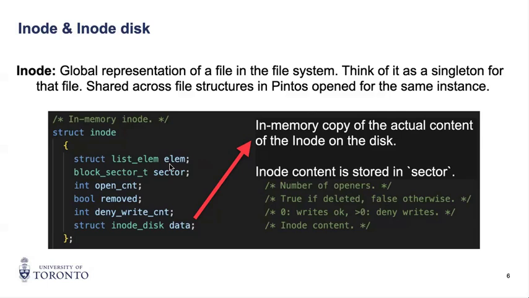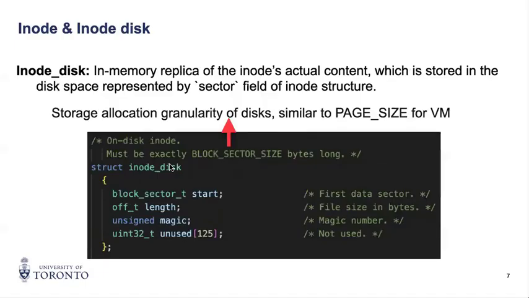So a sector represents a piece of storage in the file system, and data here is stored in that small piece of storage. So let's take a look at what inode disk actually looks like in the file system. Now they're kind of equivalent: inode is the one in memory, and inode disk is what it should look like in the file system. But let's keep going here.